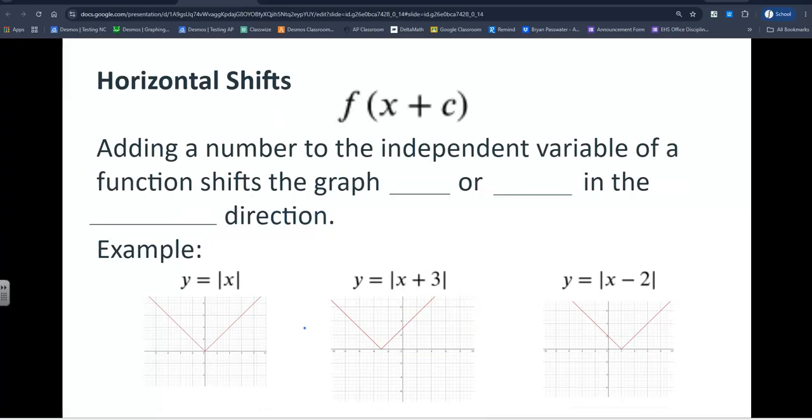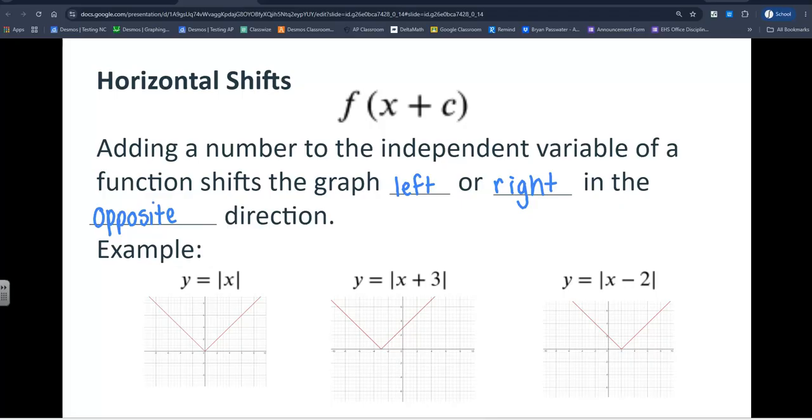Okay, we also can shift a graph left or right. Left or right is going to be by adding a number to the independent variable of a function, which shifts the graph left or right in the opposite direction.